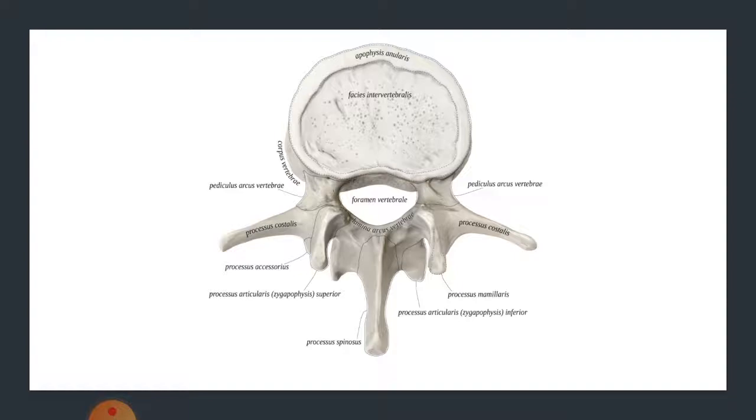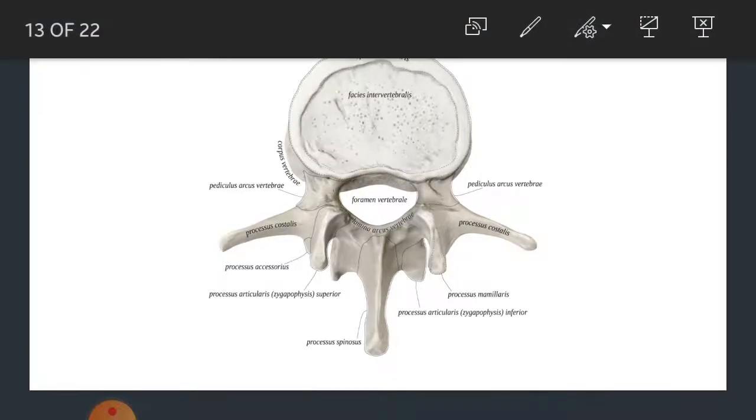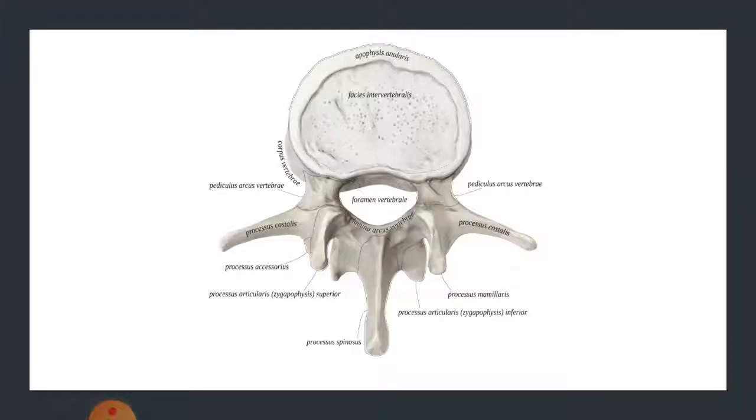That's how a lumbar vertebra looks. It has the largest body, a vertebral foramen, transverse processes, and a substantial spinous process.